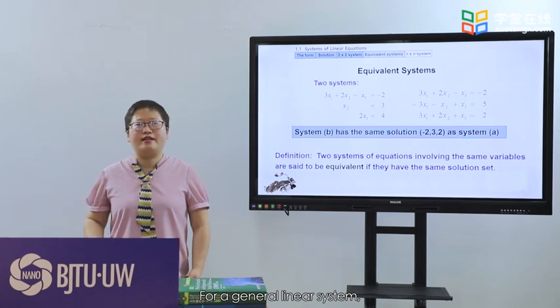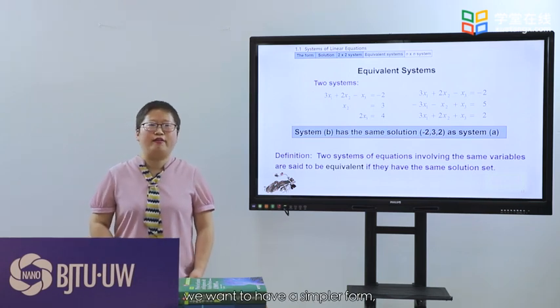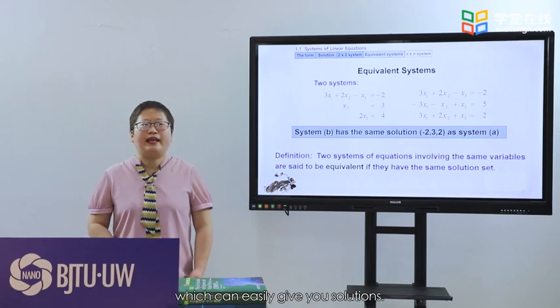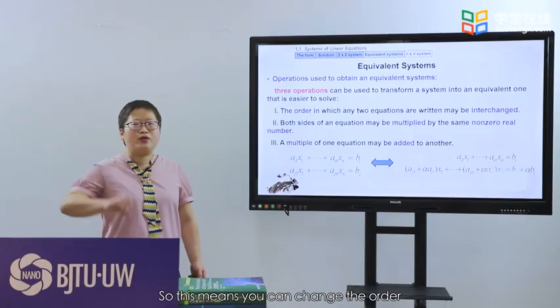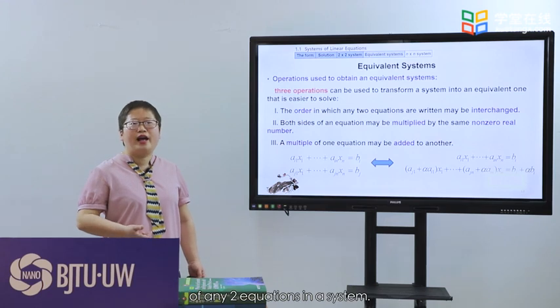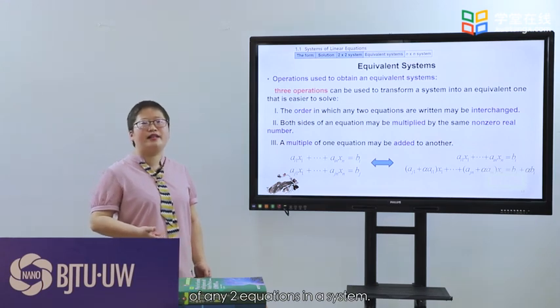For a general linear system, we want to have a simpler form, which can easily give you solutions. So in order to transform a general linear system to a simpler form, we use these operations. We have three basic row operations. The first one: the order in which any two equations are written may be interchanged. This means you can change the order of any two equations in the system.